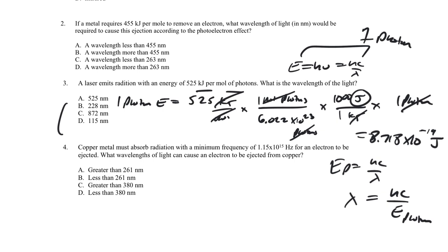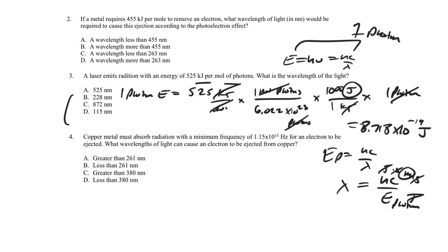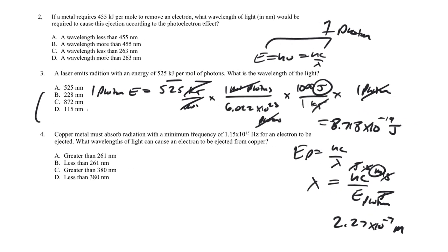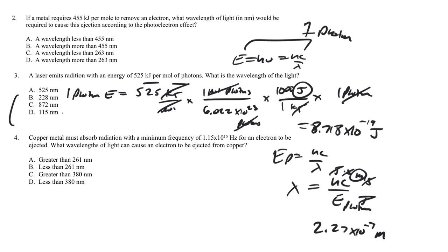Now the units are joules times seconds times meters per second divided by joules. The joules cancel, the seconds cancel. The only unit not canceling is meters. So I get this answer in meters, 2.27 times 10 to the minus 7 meters. They wanted nanometers, so I just need to multiply by 10 to the 9. And that tells me that this is 228 nanometers.